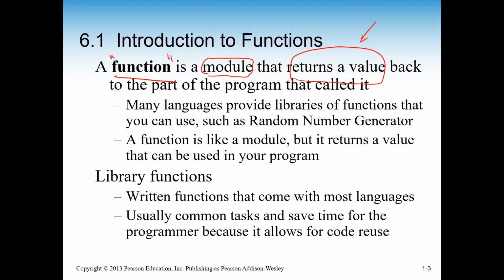Many languages provide libraries of functions that you can use. And the book goes heavily into this idea of a random number generator. I don't know why it goes into it so strongly, given that this is one of a billion different things it can do. So a function is like a module, but it returns a value that can be used in your program.